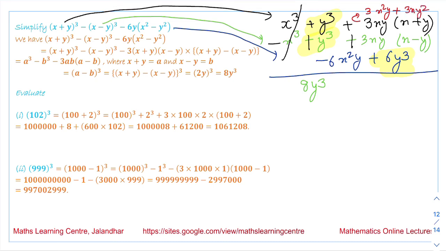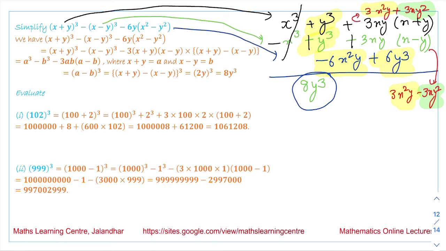From the next terms you will get 3x square y minus 3xy square, and when you solve all these values, these will get cancelled out, because it is 3x square y over here, 3x square y over here, and minus 6x square y over here, and these two terms, 3xy square and minus 3xy square, are there. So the final answer you are left with is 8y cube. This is one of the approaches you can use.